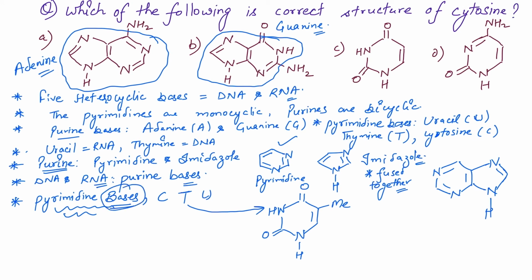So pyrimidine bases, these are known as pyrimidine bases. The basic structure is of pyrimidine. So if we look at the C option, again there is a common structure pyrimidine present here. So this C molecule is known as uracil. There are two extra double bond O attached to a basic pyrimidine.